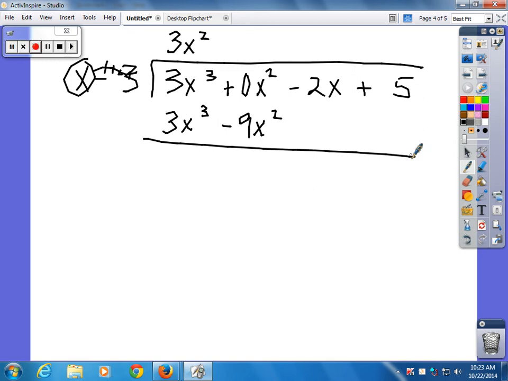So I use the little red negative here and a little positive there. You decide what you want to do, but you're going to get the same answer. And what happens to this term? It cancels. And you're left with 9x squared, and the negative 2x comes down to help out.